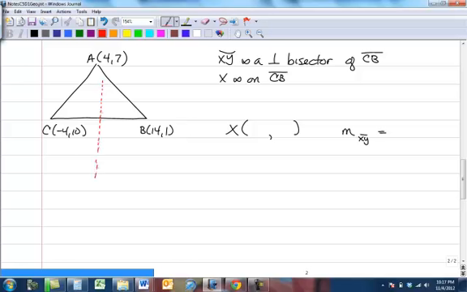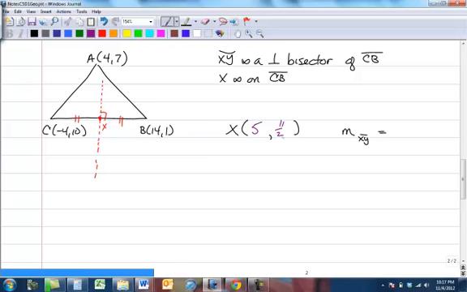It's perpendicular and it bisects this. If X is on CB, that means that this here must be X. So what are the coordinates of X? Long story short, you get X is (5, 11/2) or 5.5.